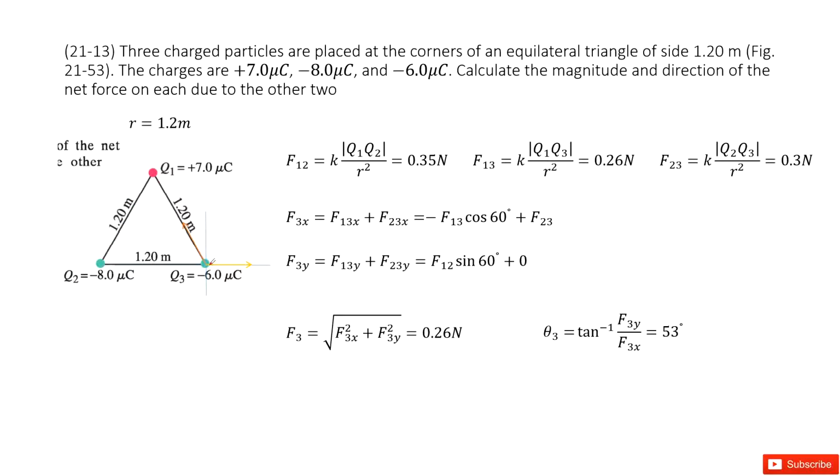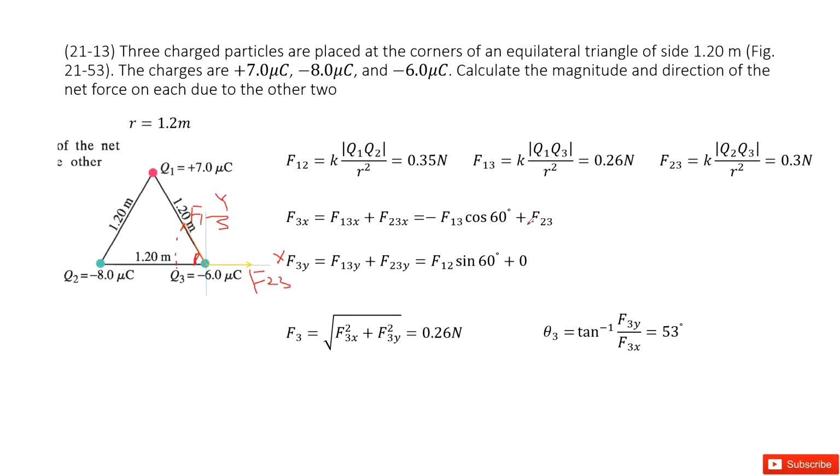Similarly, we look at charge 3. For charge 3, we have the attractive force between charge 1 and charge 3, so this is F13. And also the repulsive force F23. Right? So this is the X component, and this is the Y component. Now we can project F13 onto the X component as negative F13 cosine 60 degrees, because you can see it is pointing to the negative side. This is a 60 degree angle.